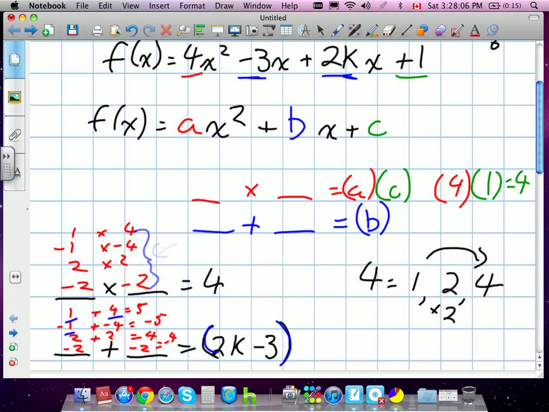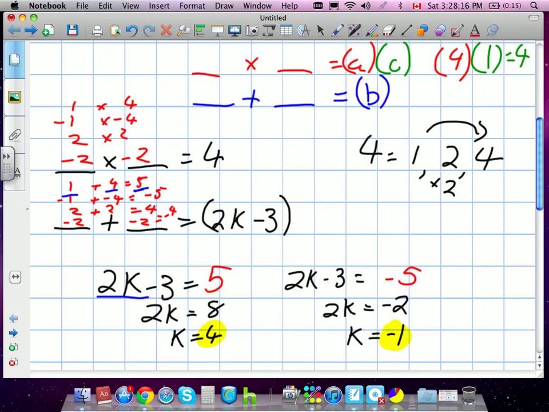So with those 4 options, I figured out what each of them added up to because I knew that's what this bracket was going to need to be. I knew that this bracket needed to be in one of the options equal to 1 plus 4, which is 5. So I kind of jump down. 2k minus 3 equals 5. A different option was also negative 1 plus negative 4, which was negative 5.